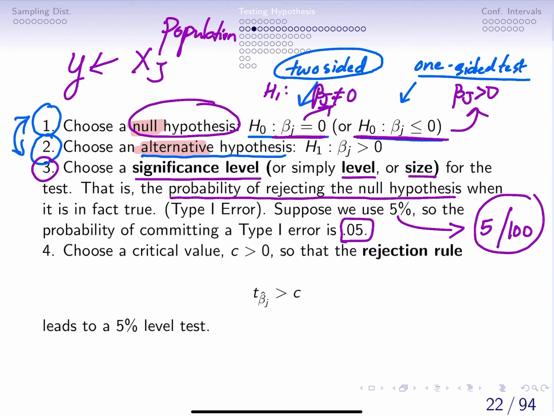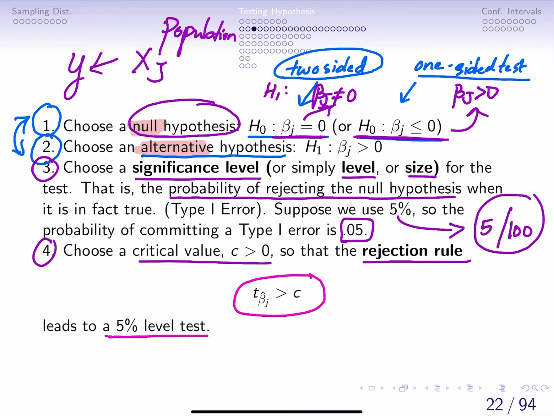Okay, so the fourth step, and we'll take some examples to understand this later, is basically to choose a critical value so that we can apply a rejection rule. So when do we reject the null hypothesis? The rule basically says you reject the null hypothesis when the t-statistic is greater than that critical value at whatever level of significance you have chosen. So here, let's say we are thinking about 5%.